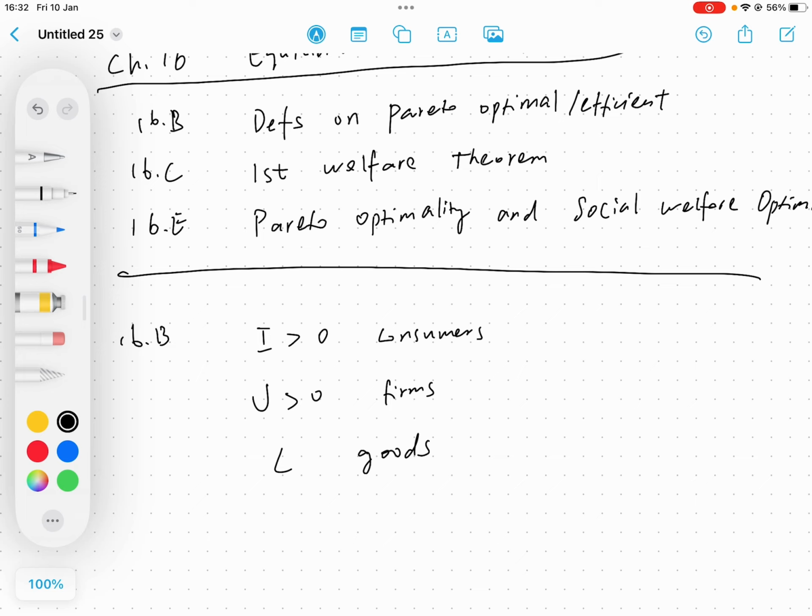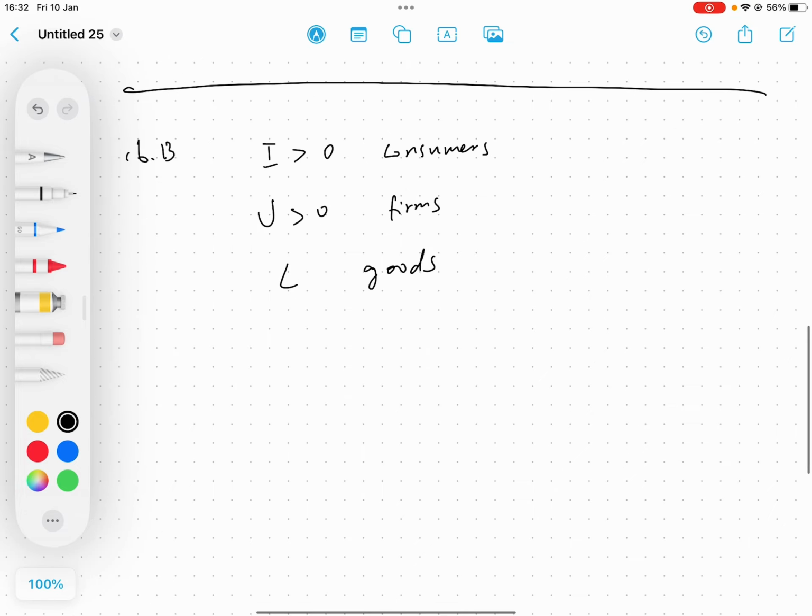Okay. So each consumer, from 1 up to capital I, we're going to characterize by a consumption set. We're pretty familiar with this.